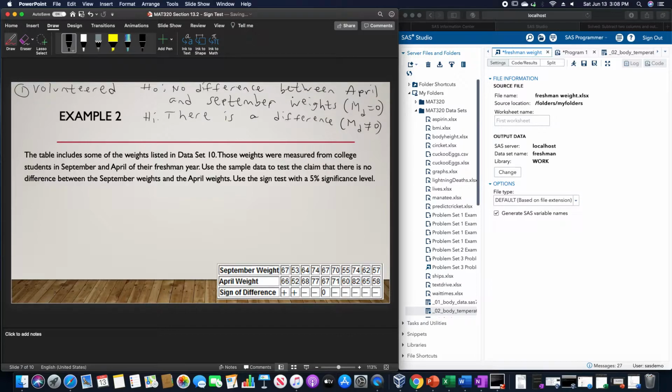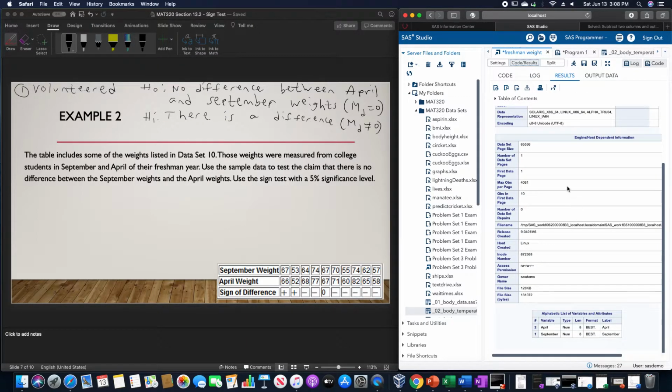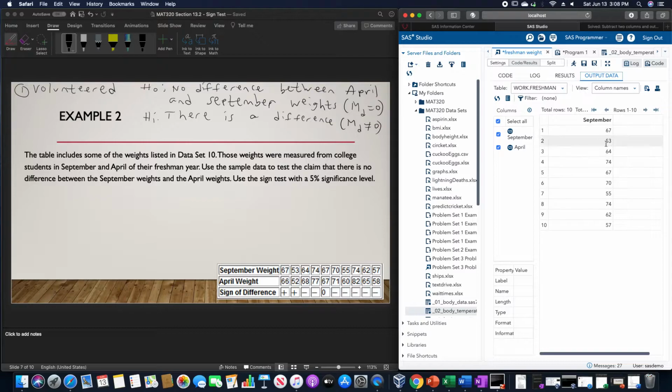So from this, we could toss this data set into SAS, which I already did, calling this data set freshman weights, which I have already put up on here, showing the September and then the April weights right there as well.